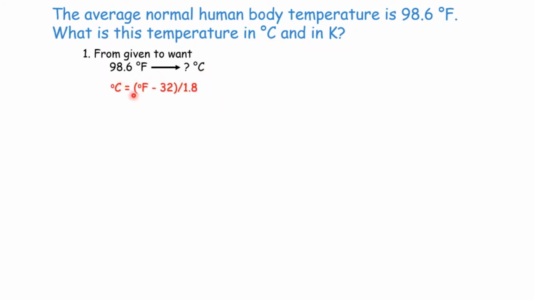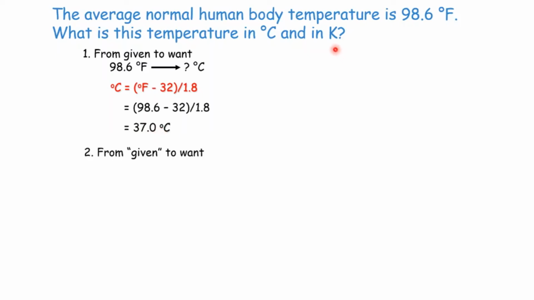Okay, we have to use the equation relating those two units. Now we know Fahrenheit, 98.6 subtracted by 32, then divided by 1.8. That gives me 37 degrees Celsius.